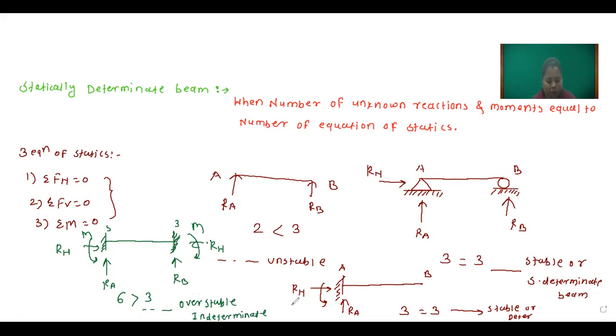If the number of unknown reactions and moments is equal to the number of equations of statics, then we say this structure is statically determinate. But if the number of unknown reactions and moments is greater than the number of equations of statics, this beam is called an indeterminate beam. Okay, got it? So please write down up to this point, then we will move towards the next point.